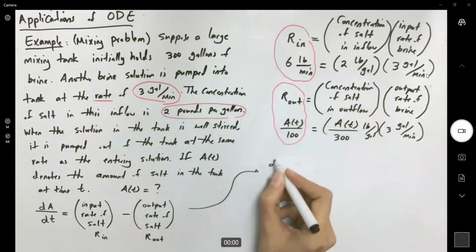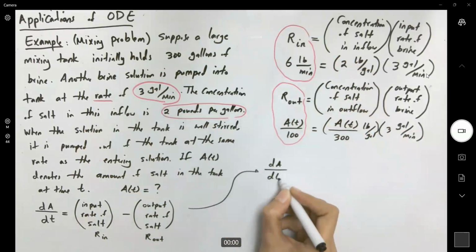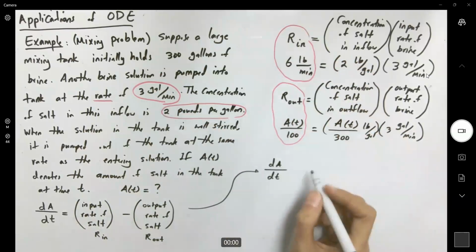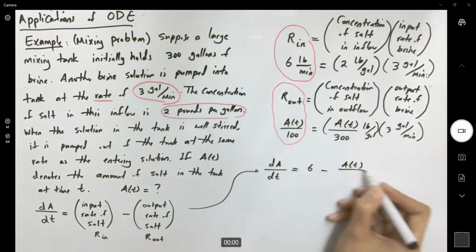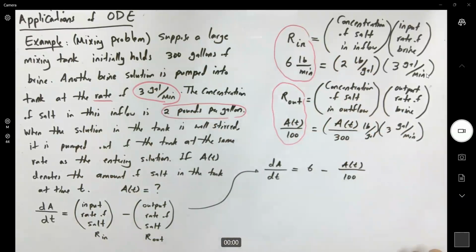We have the rate of change of the amount of salt in the tank equals 6 minus A divided by 100. So we have a differential equation. How do we solve this differential equation?